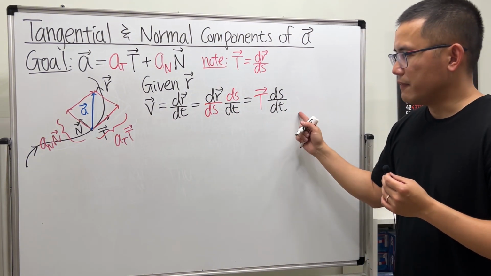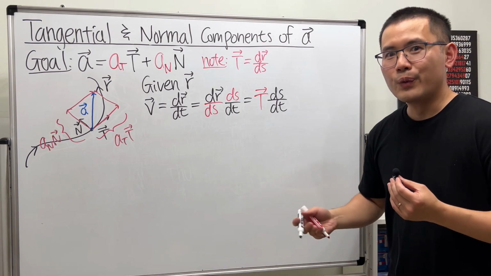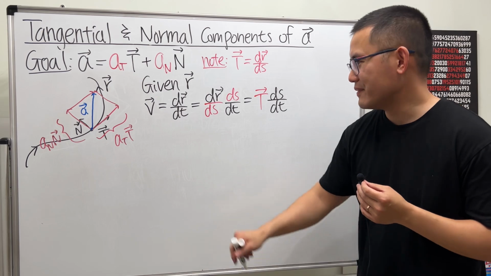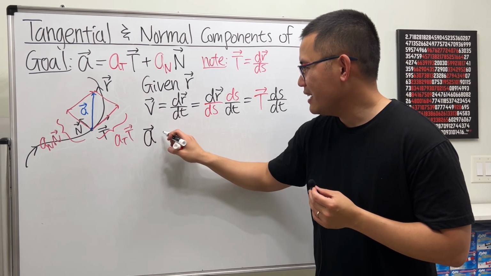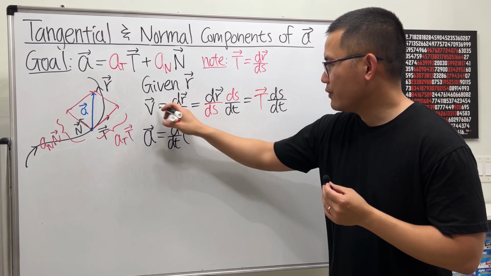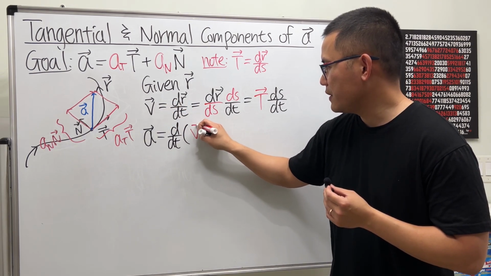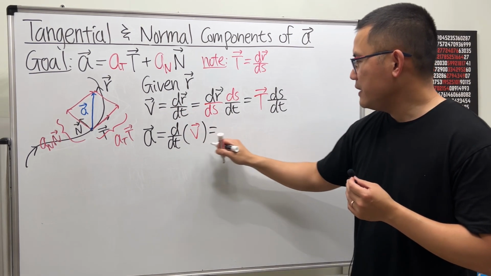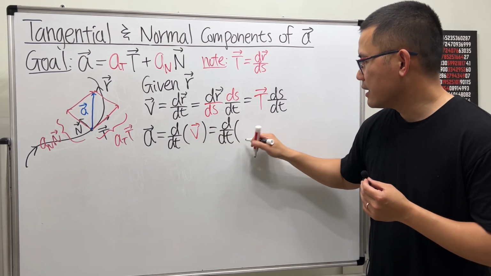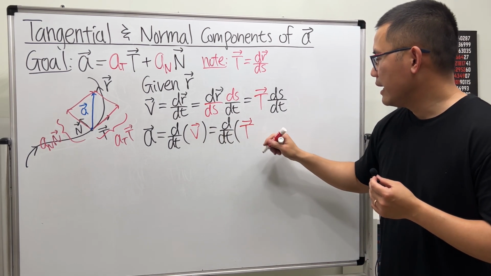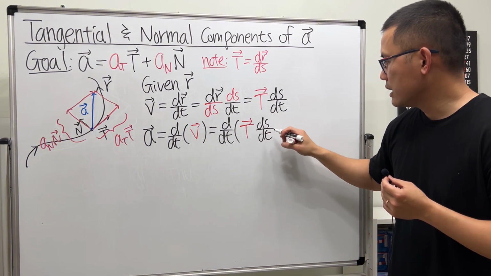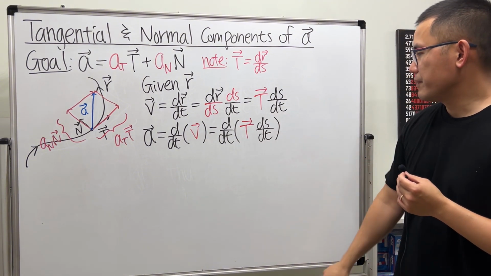So once we have the velocity, next we are going to get the acceleration by differentiating the velocity. So check this out. A is equal to the derivative with respect to t of our velocity. So I'll put down v, and v is exactly that. So we are going to differentiate T times ds/dt.